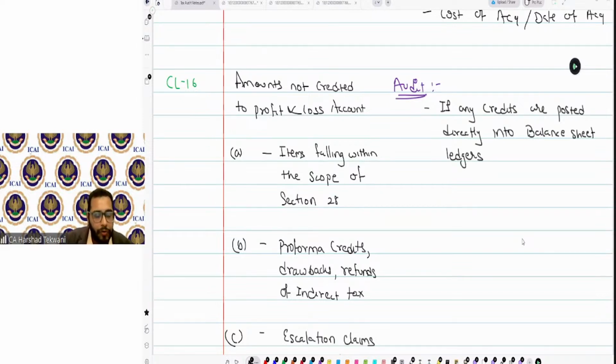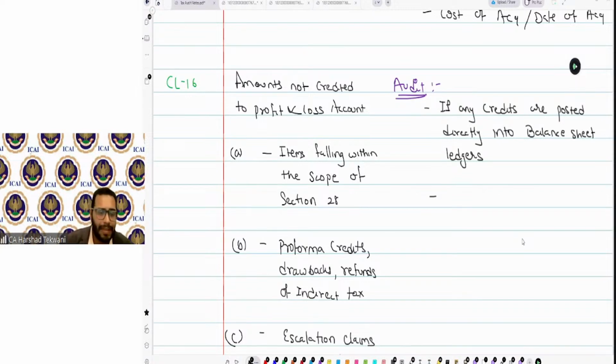When I talk about refunds and duty drawbacks, you need to check whether any duty drawback has been received which is credited directly to balance sheet ledgers. For example, you may have outstanding dues or advances to be received from governmental authorities.